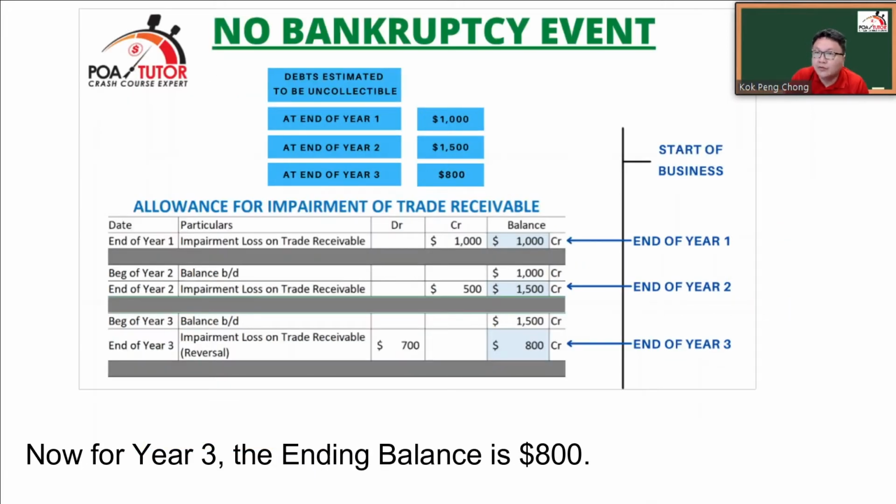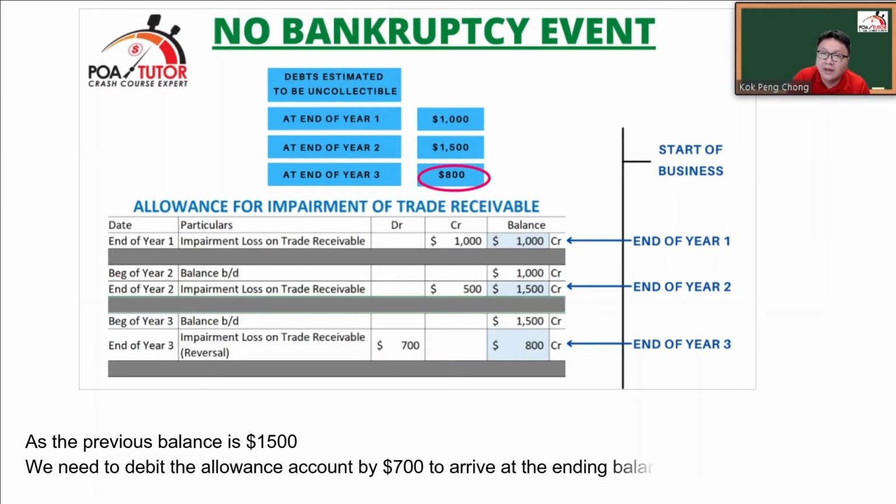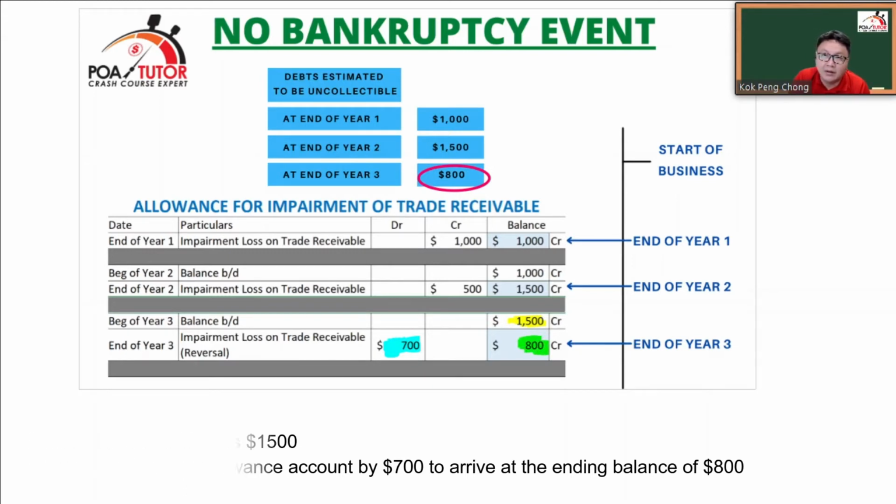Now for year 3, the ending balance is 800. As the previous balance is 1005, we will need to debit the allowance account by 205 to arrive at the ending balance of 800.